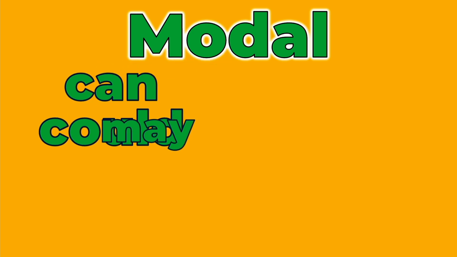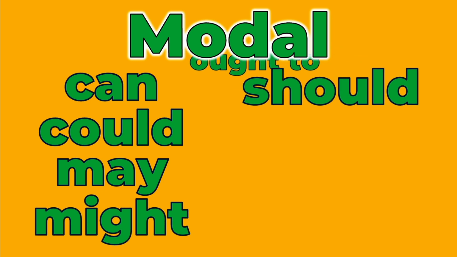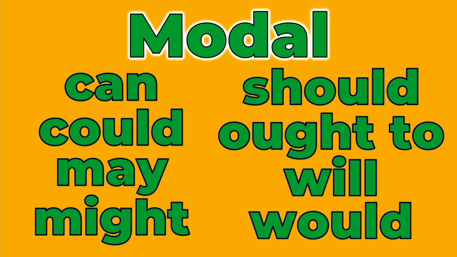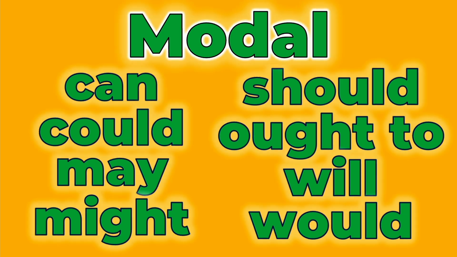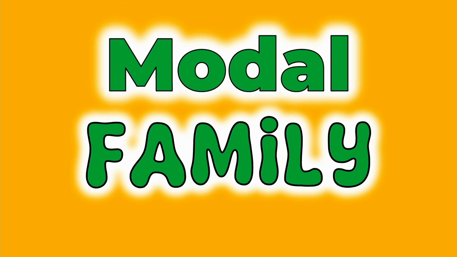Okay, we have our modal verbs. Let's review them or think about what are the modals. So, modals are words like can and could and may and, of course, might. You probably know should, and the longer version of should is ought to. It could be will or it could be would. And there are some more. These modal verbs, these are the modal family.